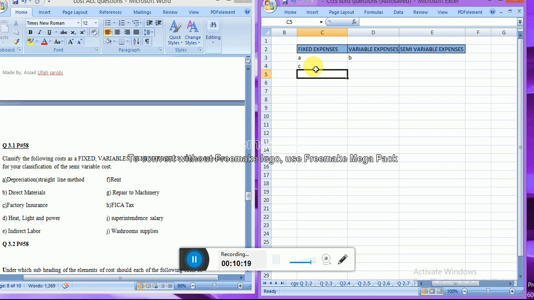So the electricity bill, the cost of heat, light and power, has fixed as well as variable quality.